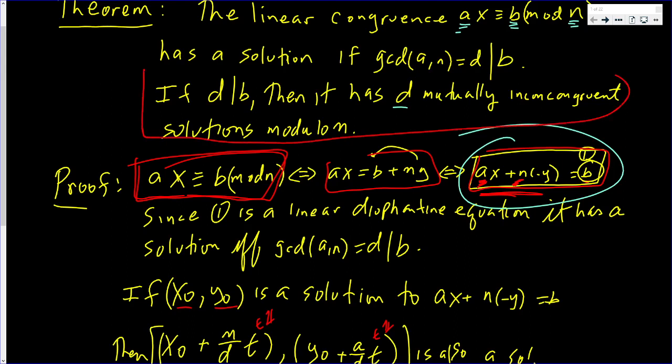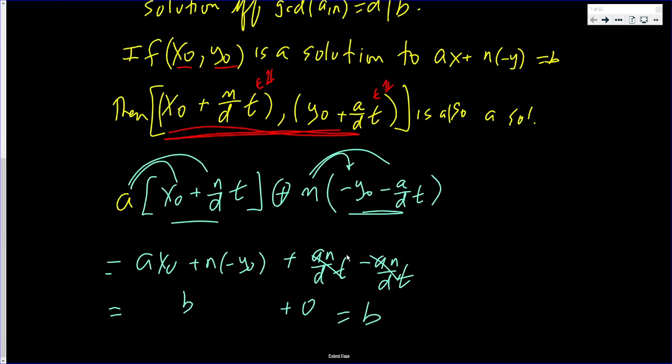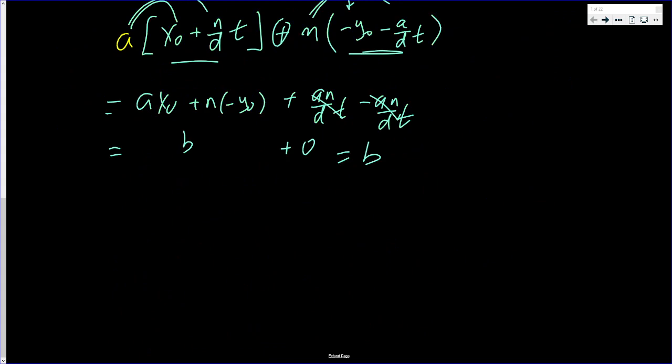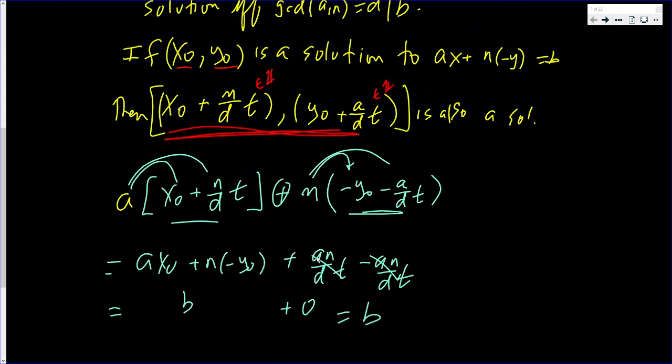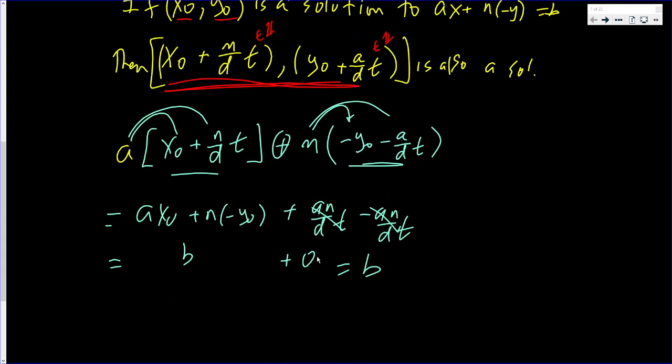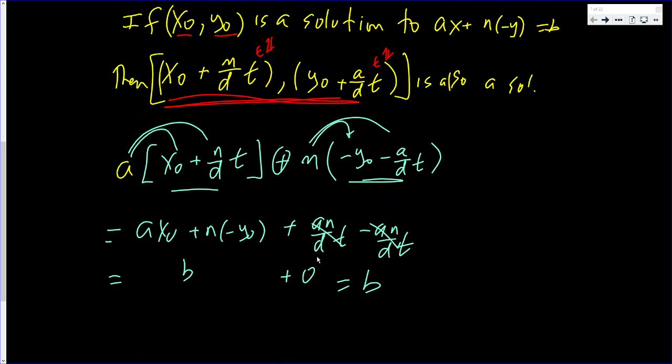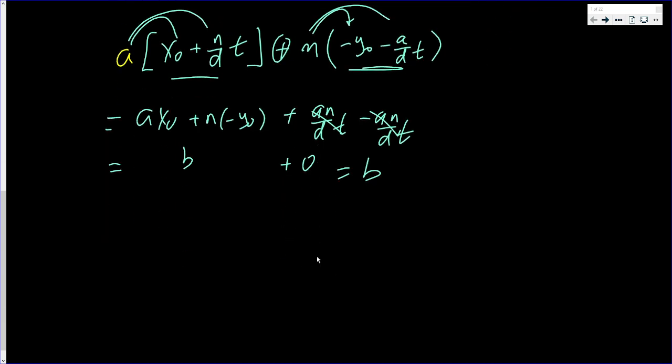Now, what I want to prove is that it has d mutually incongruent solutions mod n. So, I did show that it is a solution. Now, I'm going to let t range from 0 to d minus 1.